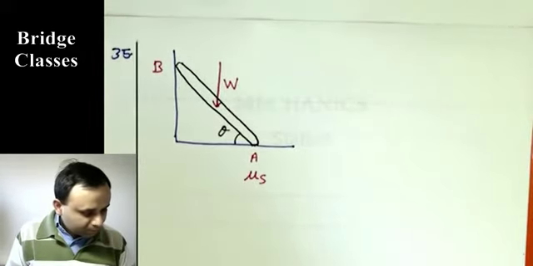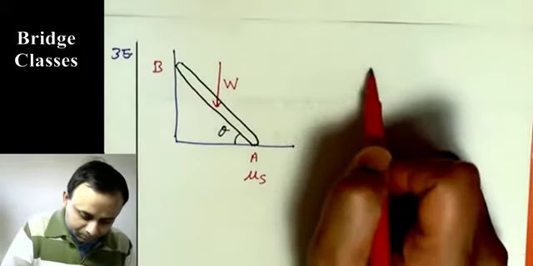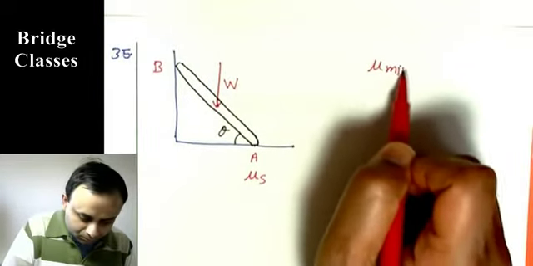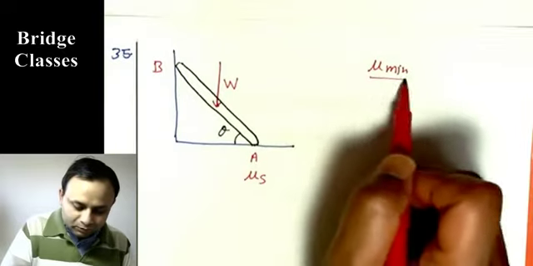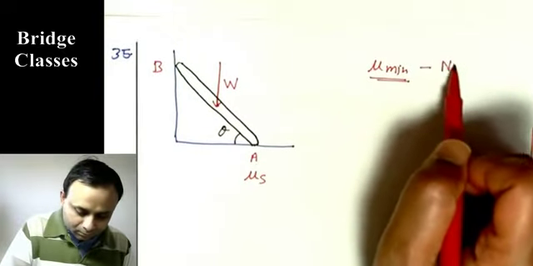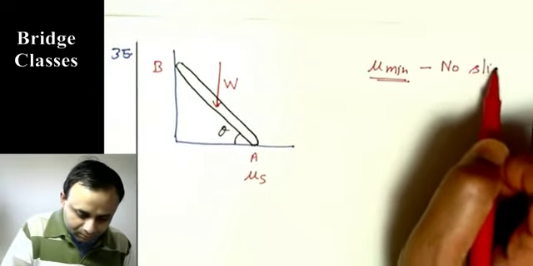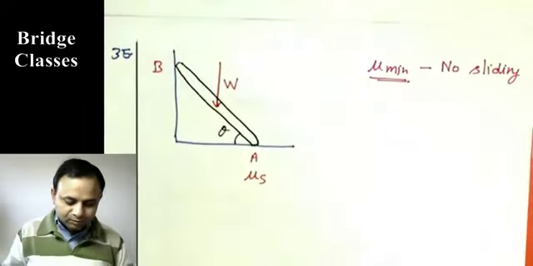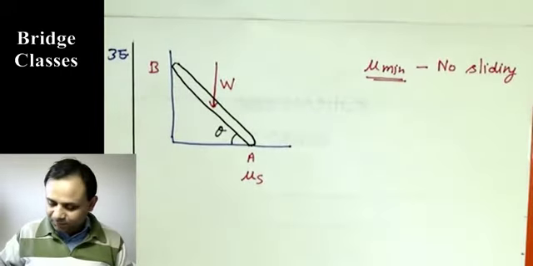Okay, we have to determine the minimum mu so that there is no sliding of the ladder. For no sliding, again, this is the case of impending motion.